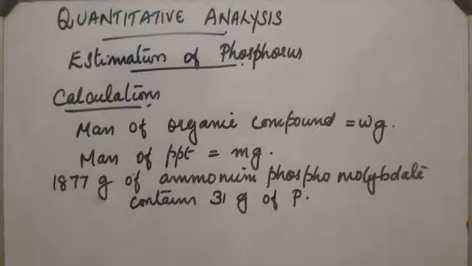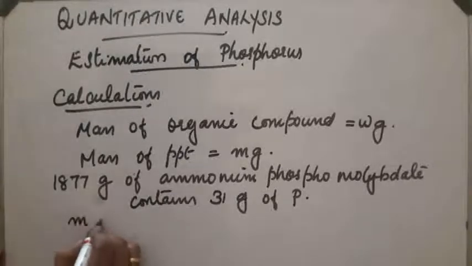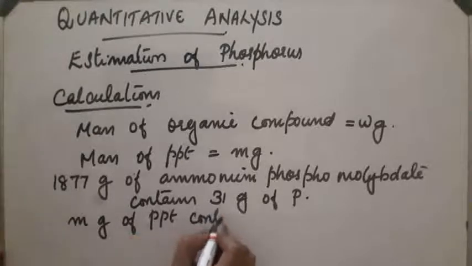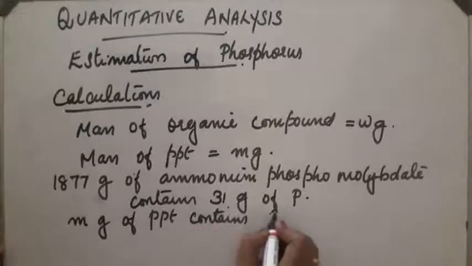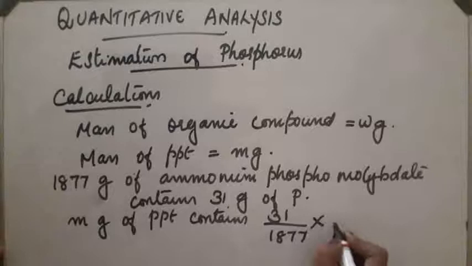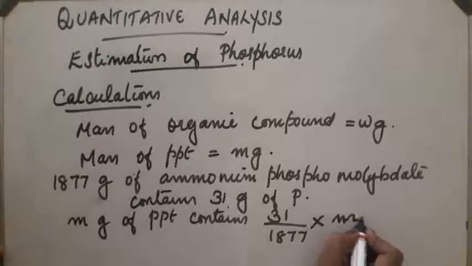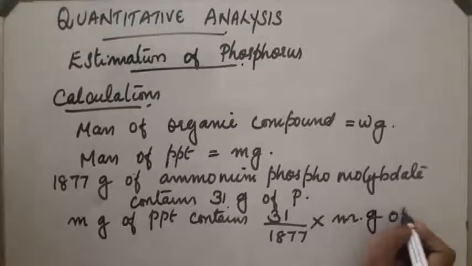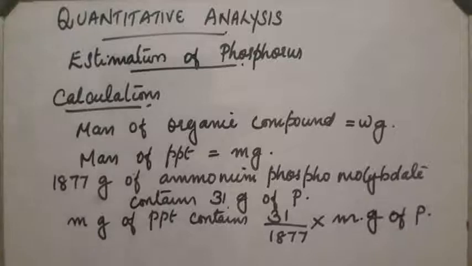Now we can calculate that m gram of precipitate contains 31 by 1877 into m, where m is the mass of the precipitate. This much gram of phosphorus is present in the precipitate.